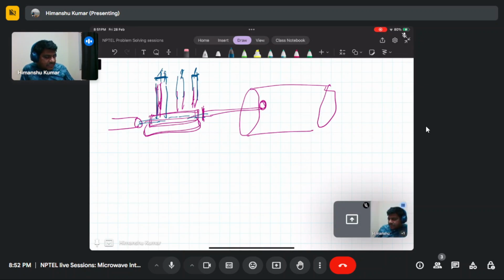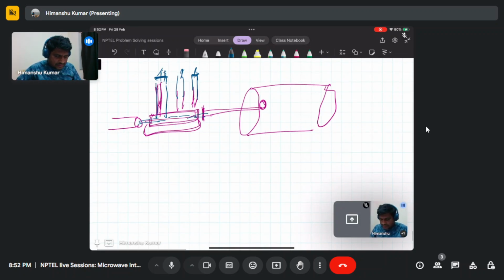That is the main transmission line, connected in series because there is no other option. These are the shorted parallel stubs.